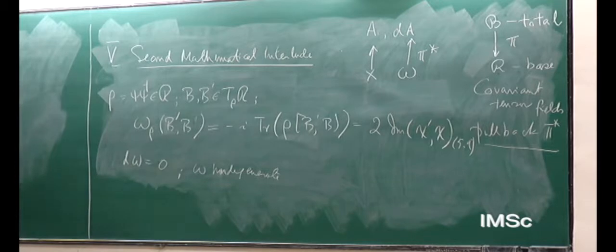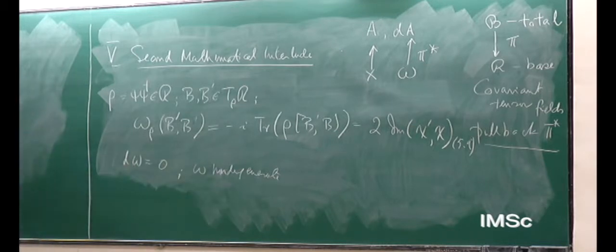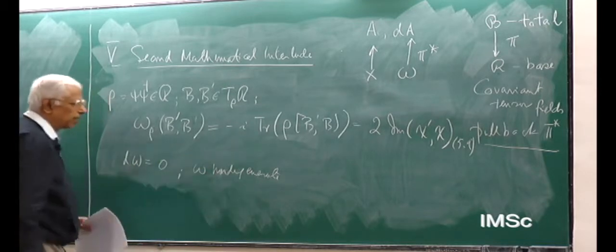These 2 properties of a 2 form, being closed and being non-degenerate, define a symplectic structure. Okay, that's very, very important. A manifold is a symplectic manifold if it is possible to define a 2 form on it which is closed and which is non-degenerate. Non-degenerate is an algebraic property. I will describe it tomorrow, I'll explain it, but these are the 2 key properties.